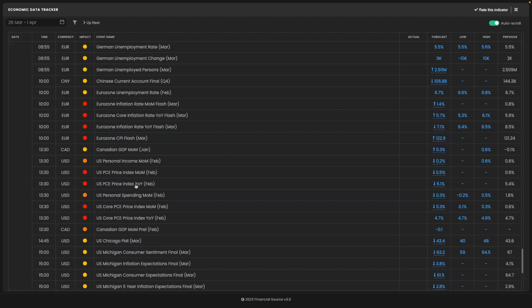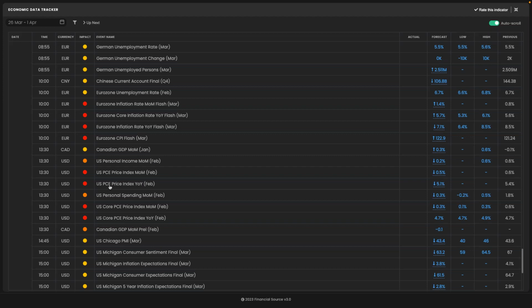Non-durable goods, they're things like food, drink, clothing, footwear, petrol. And then finally, services, things like healthcare, transport, recreation, insurance, financial services, etc. So those three are included in the personal consumption expenditures print.